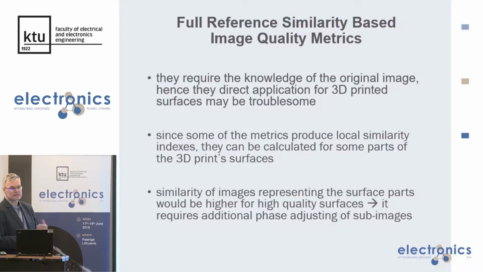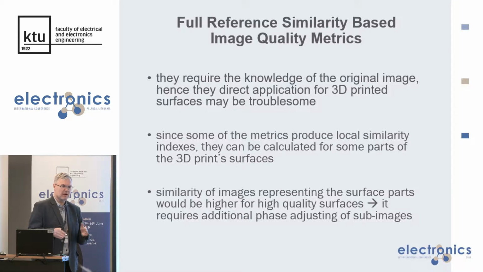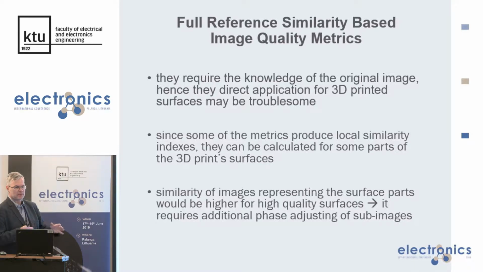Well, we discussed during yesterday's lecture some full reference image quality metrics. Most of them are based on the similarity of some fragments of images. Their disadvantage is that they require the knowledge of the original image. Here, we don't have the original image.